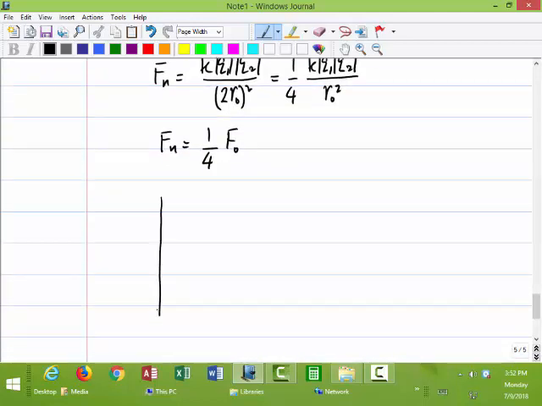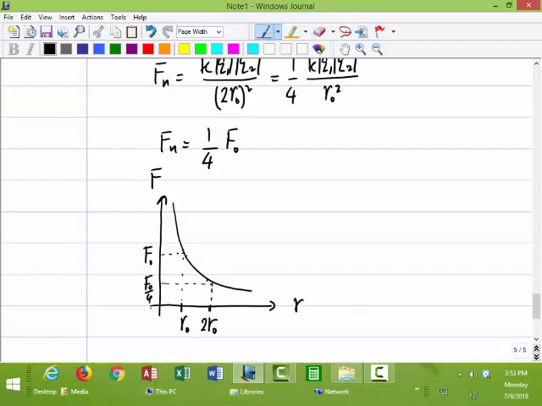If we plot a graph of the force versus distance r, we should have a graph that looks like that, where we have r subscript 0, and this force is given by F subscript 0. If we double the separation to 2 r subscript 0, this is not drawn to a very good scale, but the whole idea is that when you double the separation, the force should decrease by a factor of 4, and so on.